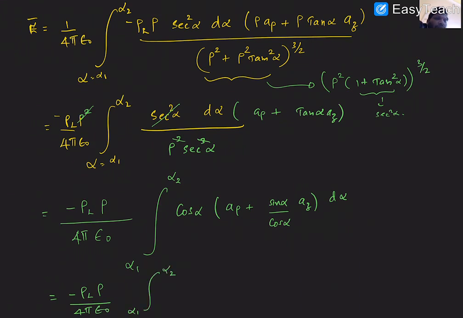alpha 1 to alpha 2 cosine alpha a rho plus sine alpha az with respect to d alpha. So this will become, okay, I will use the next page actually. So this will become electric field is equal to minus rho L into rho divided by 4 pi epsilon 0.